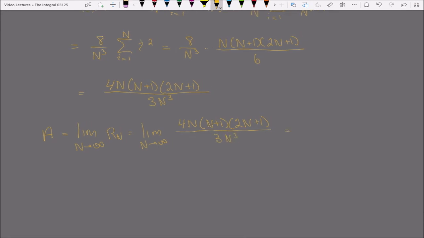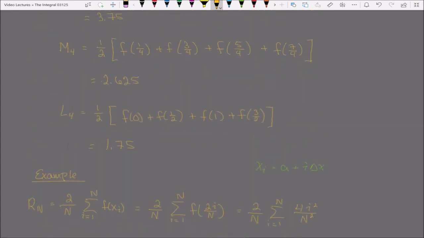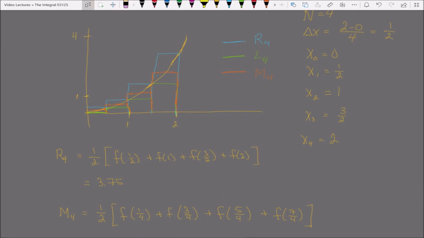And that limit is 8 over 3. So the area, this total area, from this blue line all the way to 0, is 8/3.